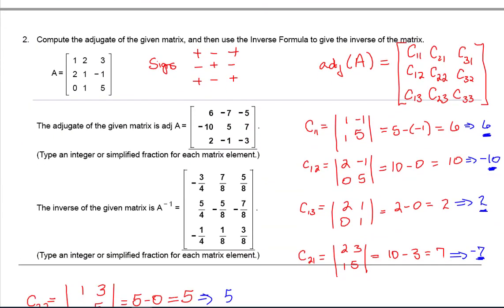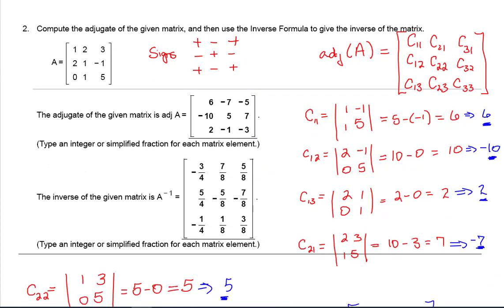All right, in question 2, we'd like to form something called the adjugate of the given matrix. So here's matrix A. Remember that when we did the determinant, each position had signs that went with it. And so that was minus 1 to the i plus j.